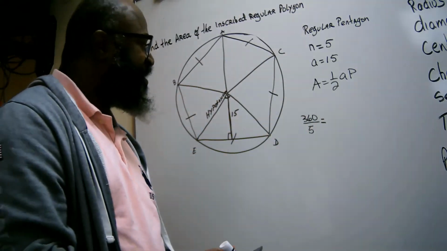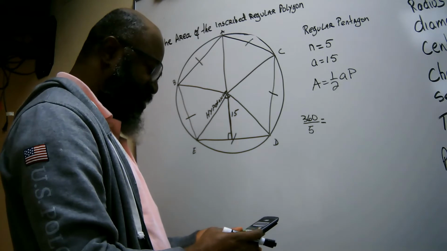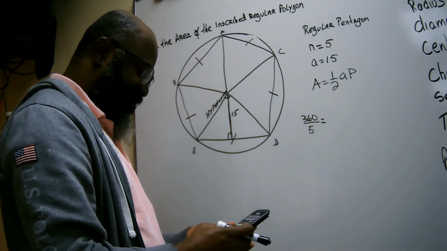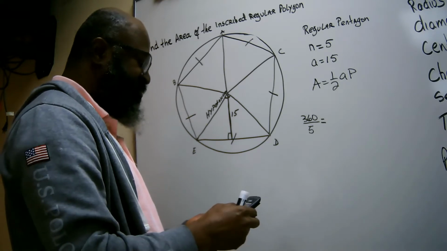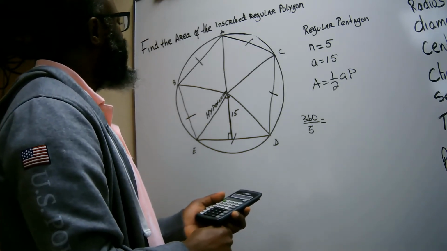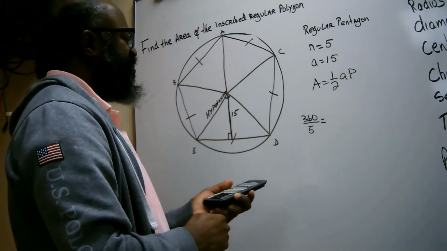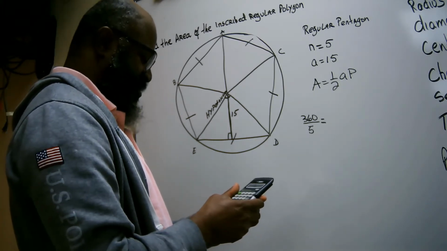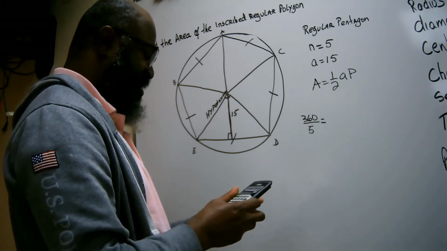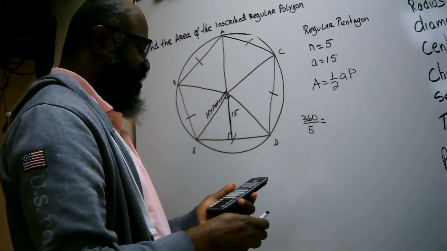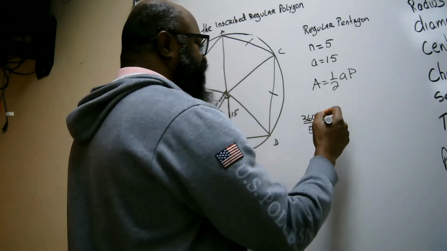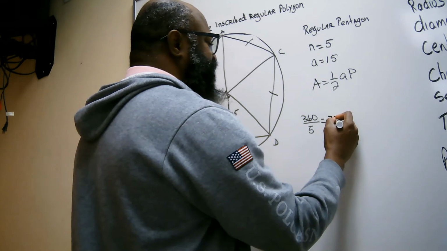You take your 360 to find the central angle. 360 divided by 5. What is that? That gives me 72 degrees. Right? This central angle is 72 degrees.